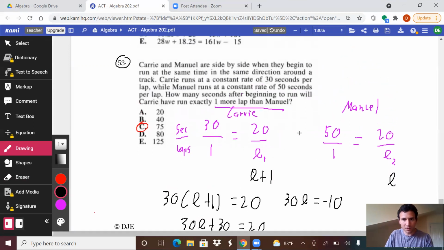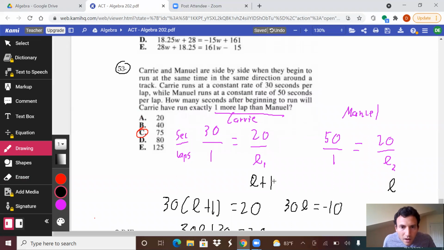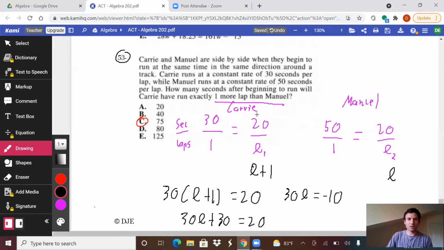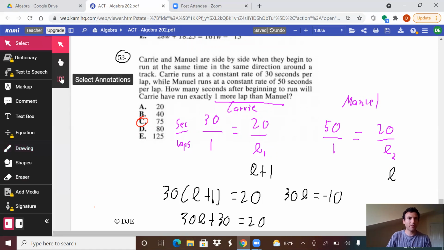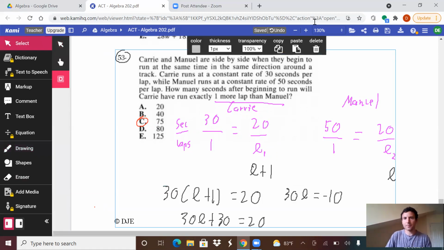Something's wrong there. We shouldn't be getting a negative. We're getting a negative because there shouldn't be a 20 there. We don't know how many seconds. Let me totally erase that. That was a complete flub up.